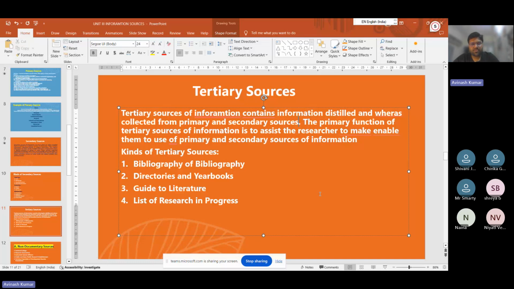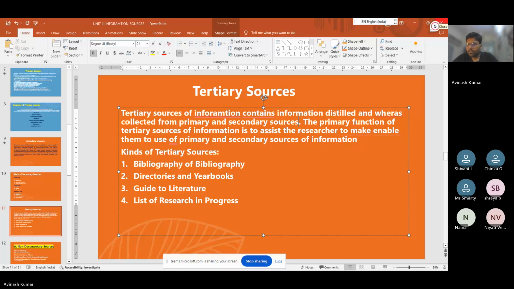You can find that bibliography also comes in secondary sources, because bibliography depends on the primary sources. And after that, in tertiary sources comes bibliography of bibliographies. That is why it falls in the tertiary sources. Directories and yearbooks, guide to literature. So these are the examples of tertiary sources.